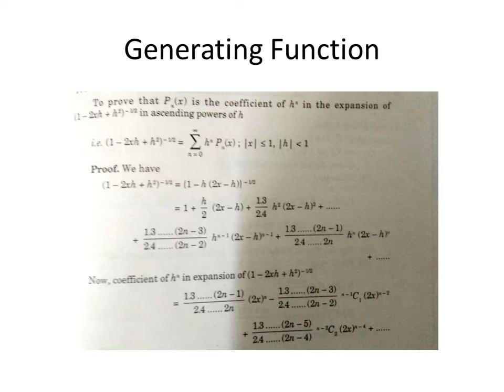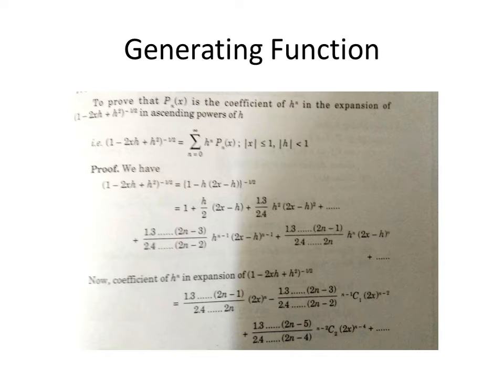And if we check in the last shown term, h power n and (2x minus h) whole power n are multiplied together. If I further expand (2x minus h) whole power n through binomial expansion, I will find (2x) whole power n as first term, and if that (2x) whole power n is multiplied with h power n, which is written outside, then obviously we can find a coefficient of h power n as 1 into 3 into up to 2n minus 1 upon 2 into 4 into up to 2n into (2x) whole power n, which is written in the next term.